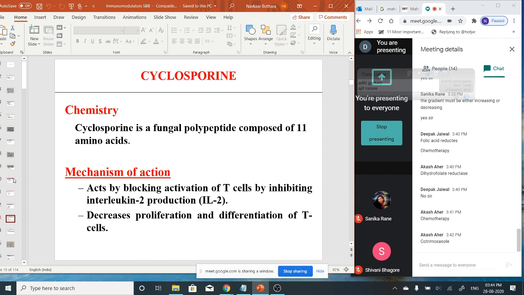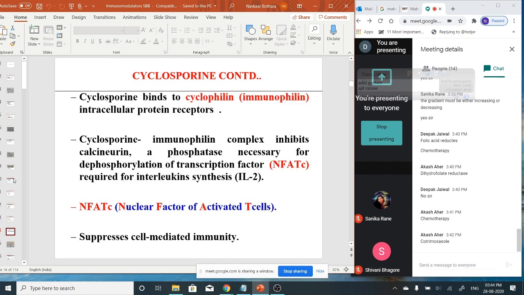Then no sufficient amount of cellular or humoral immunity will be there, and thus it will act as an immunosuppressant. It binds with a typical receptor which is called cyclophilin, a protein. It is also called an immunophilin because of its involvement in the immune reaction.